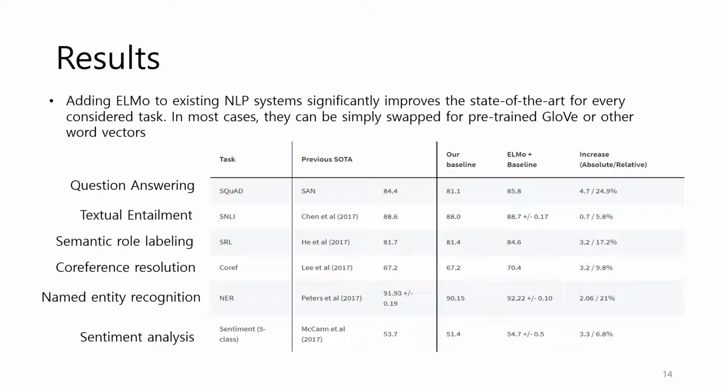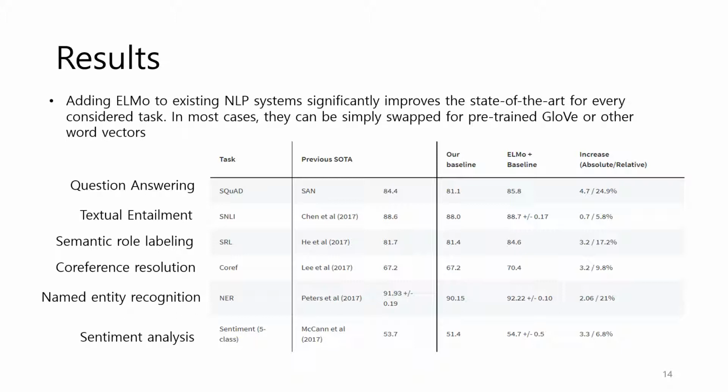Co-reference resolution is the task of clustering mentions in text that refer to the same underlying real-world entities. Its baseline model is the end-to-end span-based neural model. It uses a bi-LSTM and attention mechanism to first compute span representations and then applies a softmax mention ranking model to find co-reference chains.